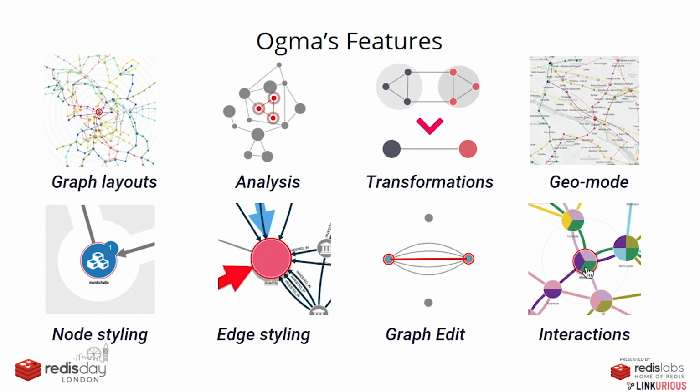So you can change topologies based on some criteria you can define based on your business. Geomode is available and lets you show a map underneath a graph. We just released a new version with many more capabilities for Geomode. Advanced styling, as you see, lets you use images and advanced stuff for both nodes and edges.